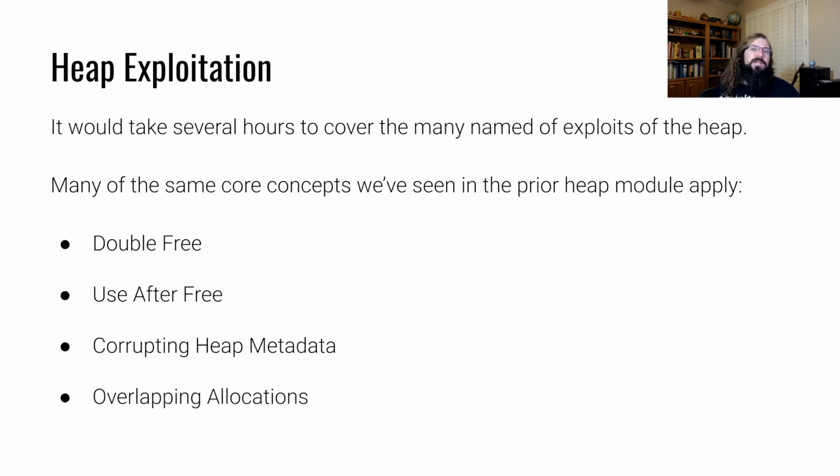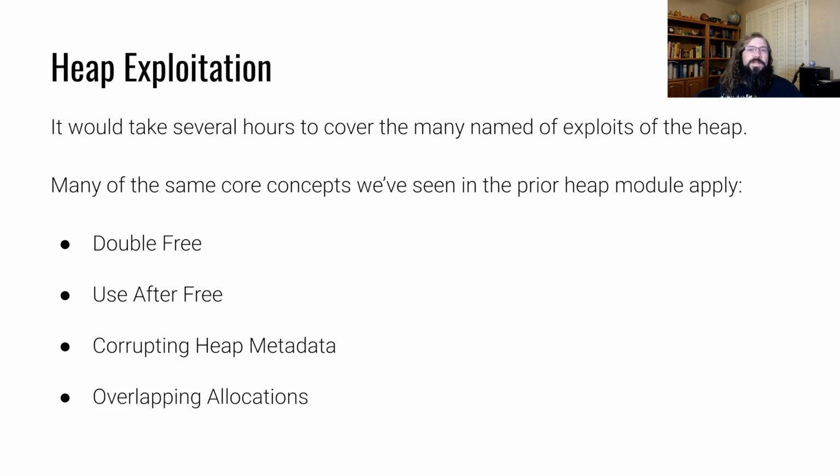Many of the named heap exploits require a use after free in order to pull them off. So when you look at these named heap exploits and you see that they need a use after free, you should be thinking, how can I create a use after free primitive in the challenge to replicate that exploitation technique? If I can't create a use after free, then that technique simply won't apply.